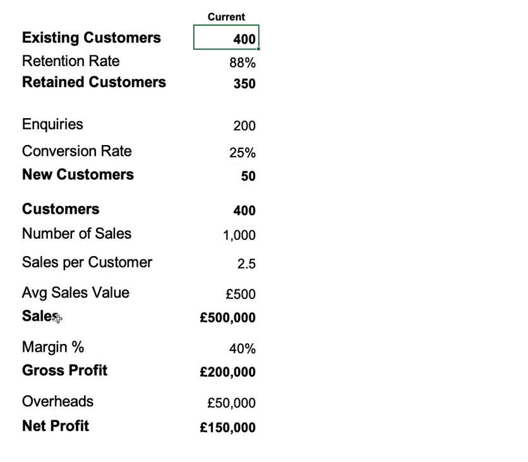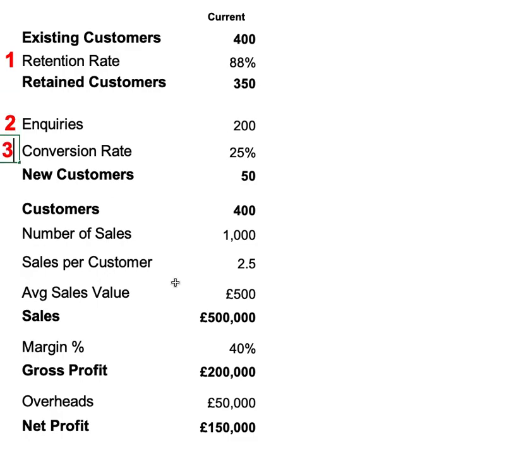And obviously we do want more net profit and sales and gross profit and customers, but all those things are a result of other things, areas that we can focus on. So firstly, we could focus on improving our retention rate. We could focus on increasing the number of inquiries we get.